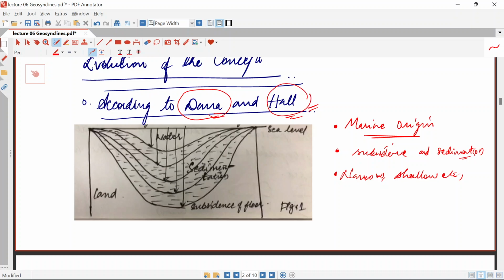And what Hall did was he brought some right evidences to prove that their theory was correct.